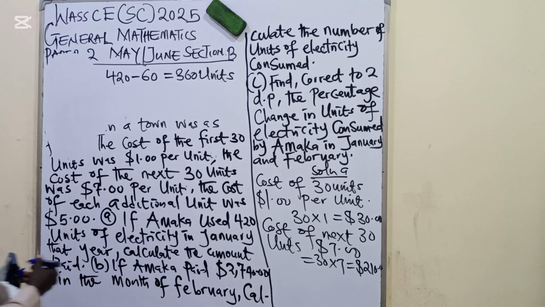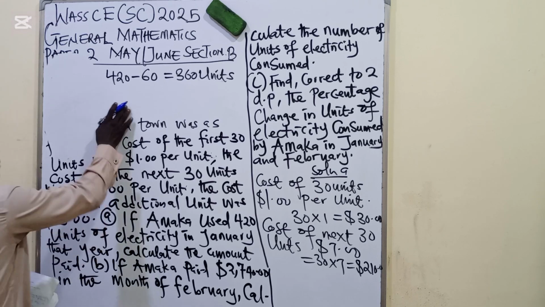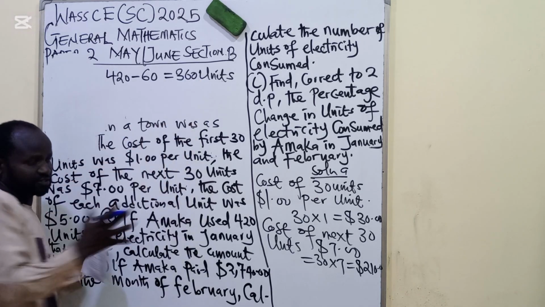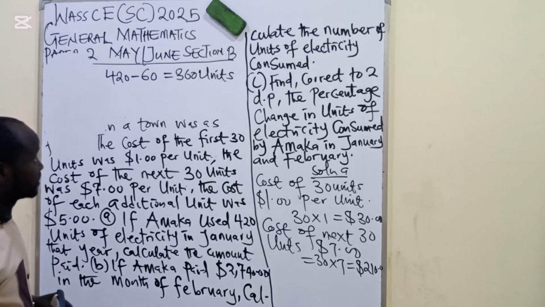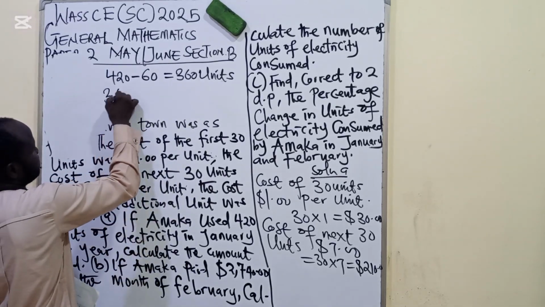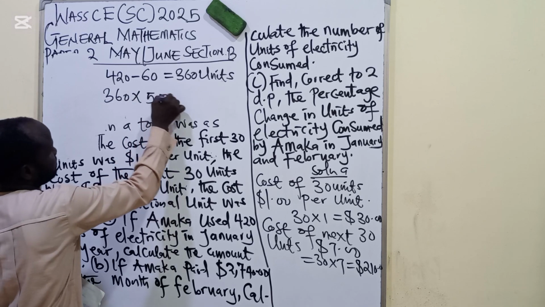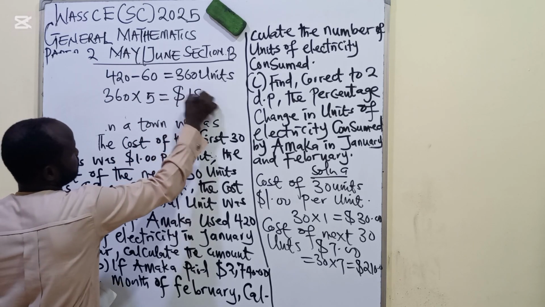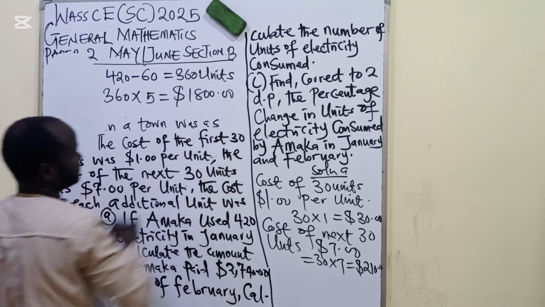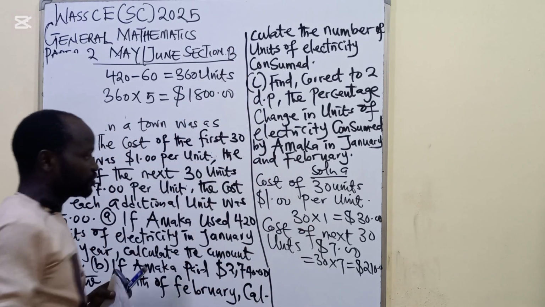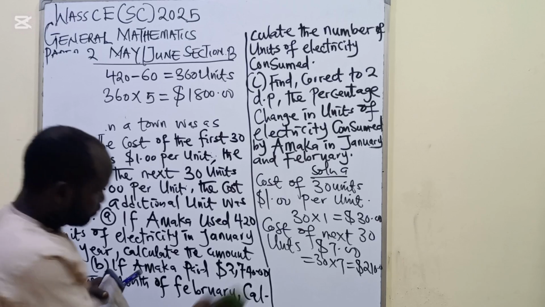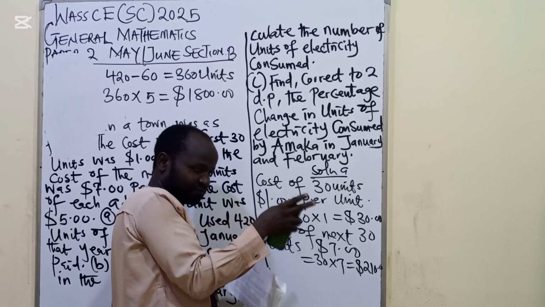We're looking for the cost of 420 units now. We don't know the cost of 360 units, but we know the cost of 60 out of this 420. So now 360 units times 5. What are we going to get? We'll get $1,800.